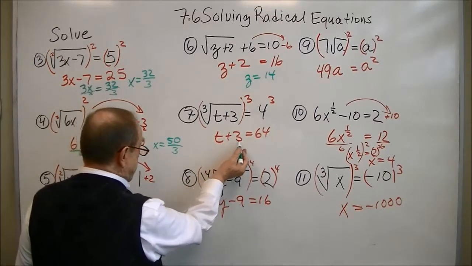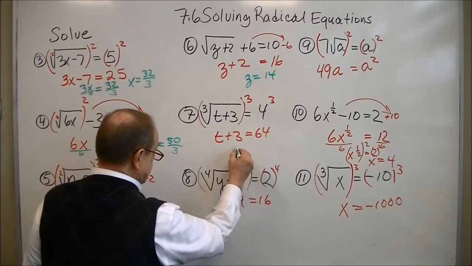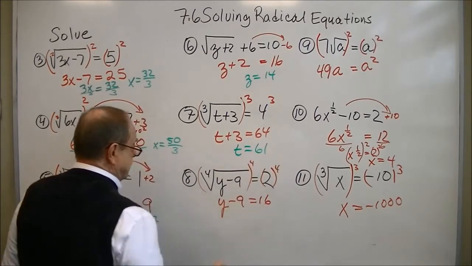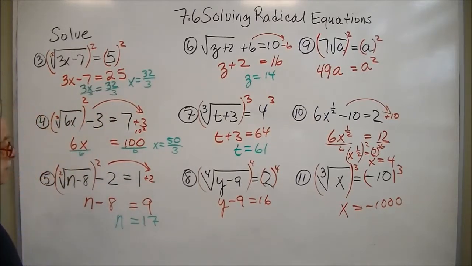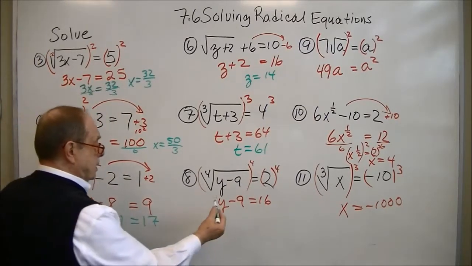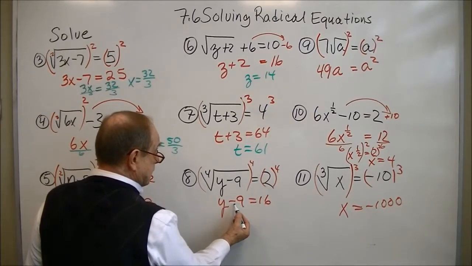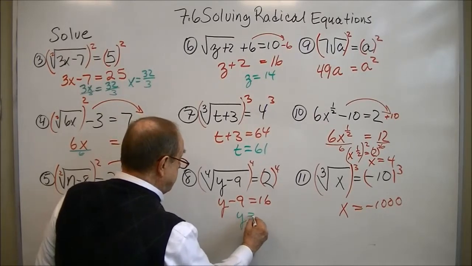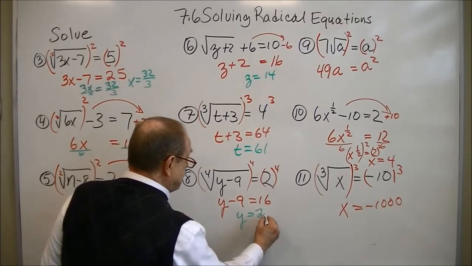Here we're going to subtract 3 from both sides, and we get t equals 61. Here we're going to add 9 to both sides, and we get y equals 25.